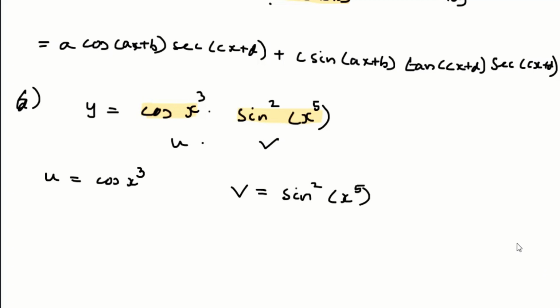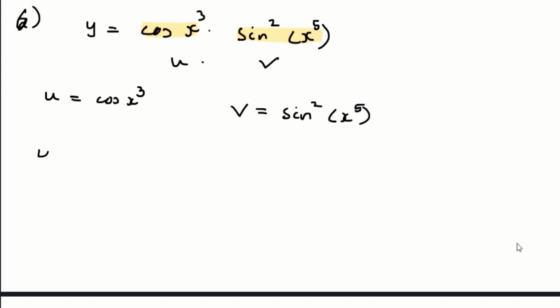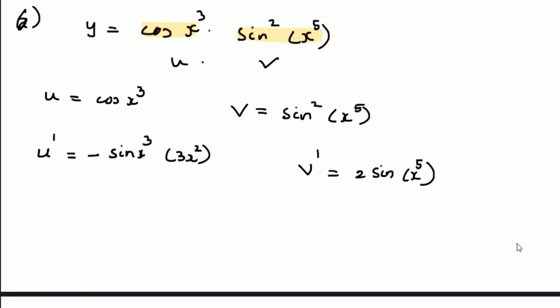Now let me find what is u dash and v dash. What is u dash? What is differential of cos? Differential of cos is negative sine, is it not? So it is negative sine x cube and differential of x cube is 3x square. V dash. Sine square. First there is a power. So differentiate the power. So it is 2 sine x power 5. So I have done with this power.